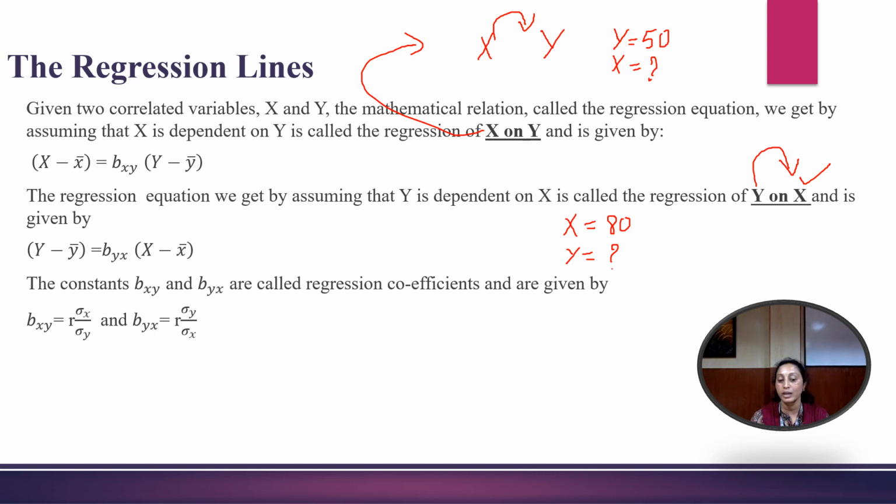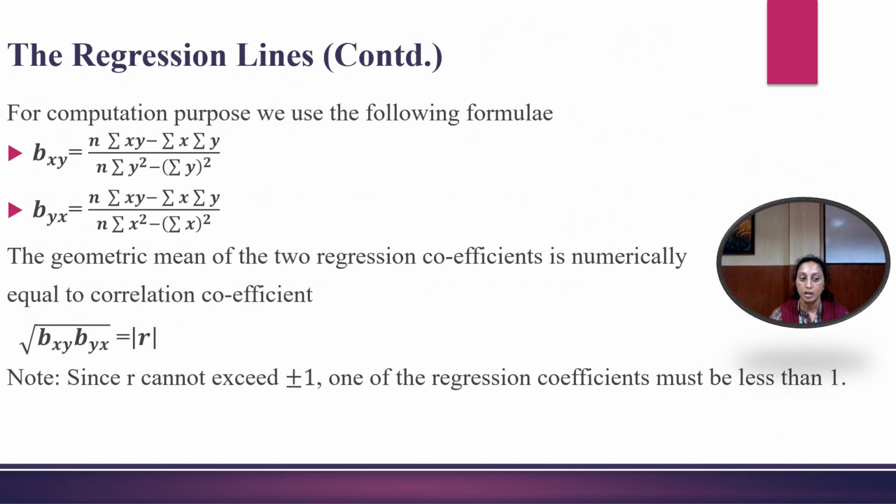Here bxy and byx are called regression coefficients and can be calculated using the formula r into sigma x by sigma y. Here sigma x is the standard deviation of the variable x and sigma y is the standard deviation of the variable y. So we can use r into sigma x by sigma y, that is, by using the standard deviation concepts.